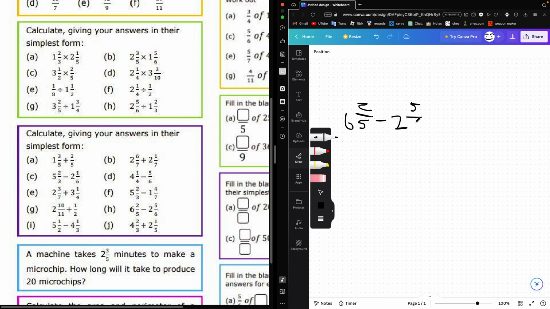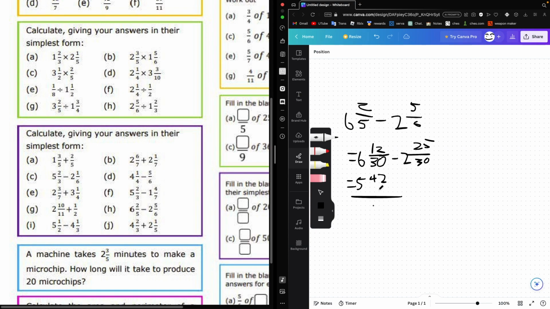Same thing again, we need to make these denominators the same, which also equals 6, 5 times 6, 30, 2 times 6, 12, minus 2, 5 times 5, 25, 5 times 6, 30, and this time the same thing happened. 12 is smaller than 25, we need to borrow from this 6, so we have 5, 1 times 30 plus 12 is 42.